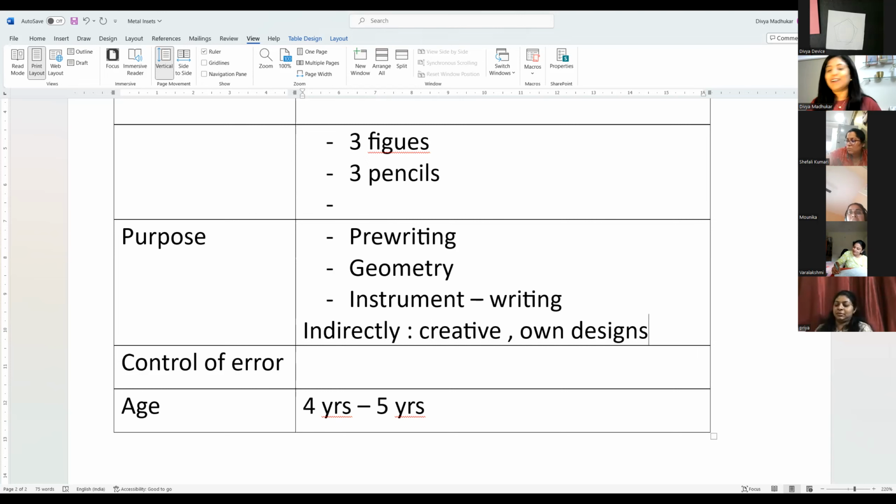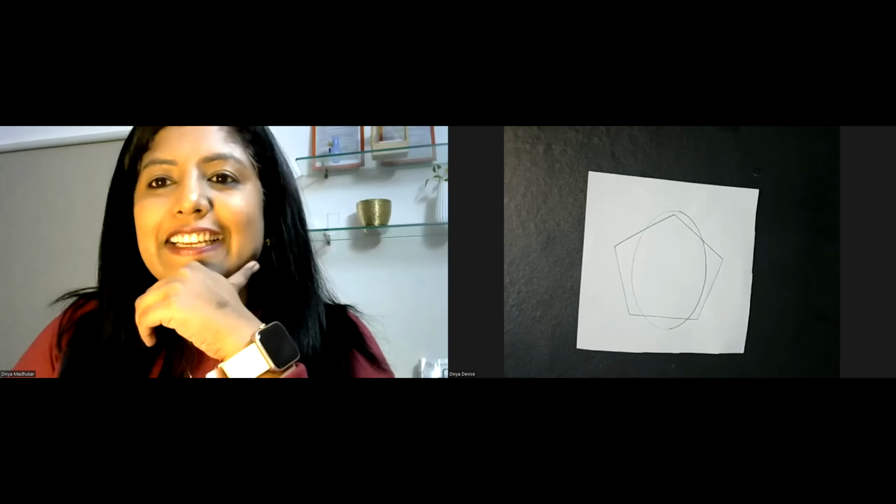A circle and fill in. I'll give you 2 minutes. Make patterns.